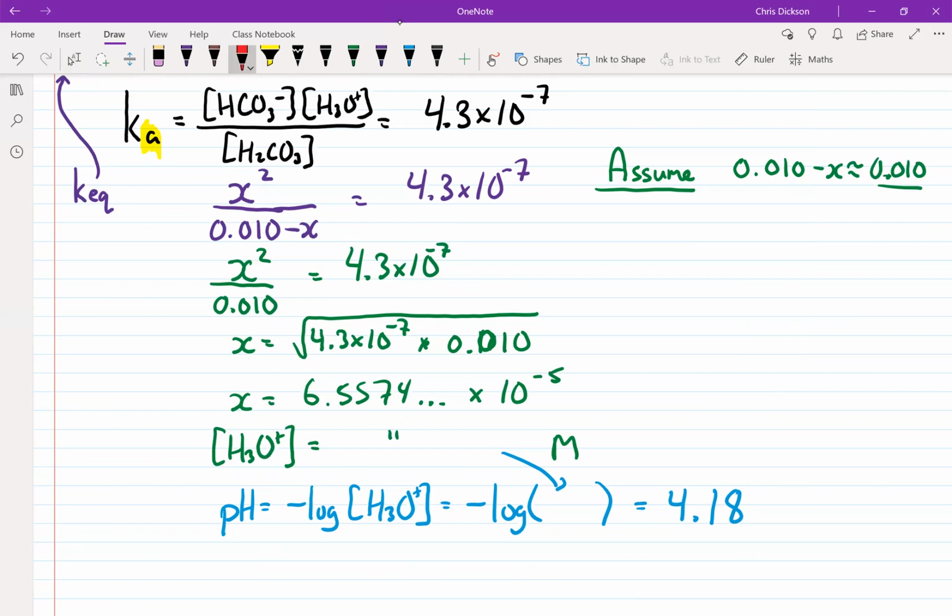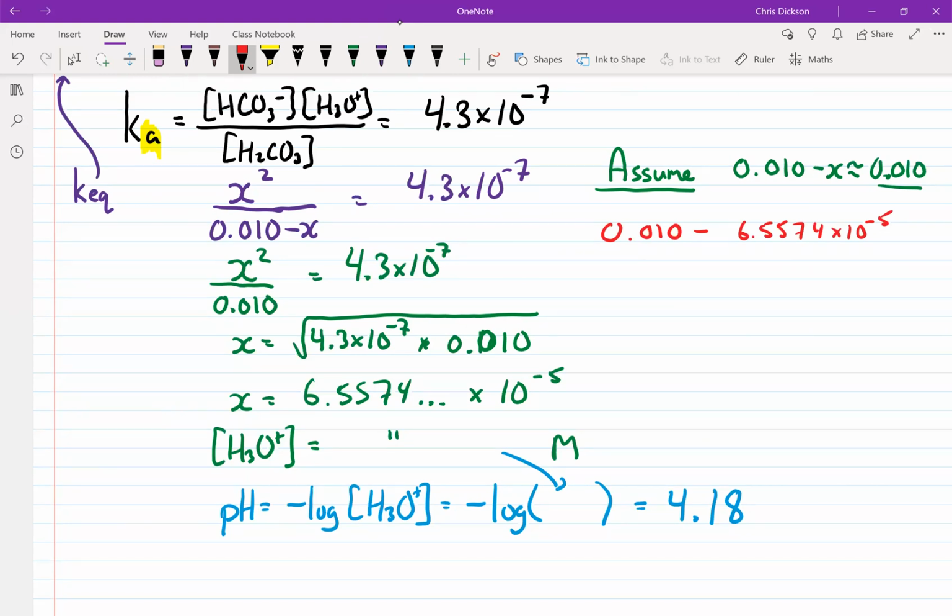So take your 0.010 and minus the x value of 6.5574 times 10 to the minus 5. So I take 0.01 minus 6.5574 times 10 to the minus 5.